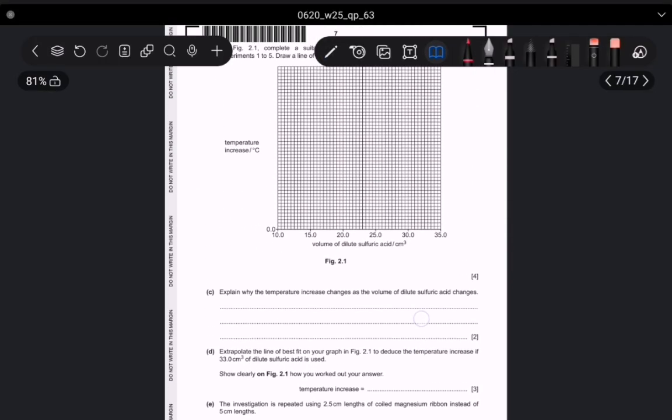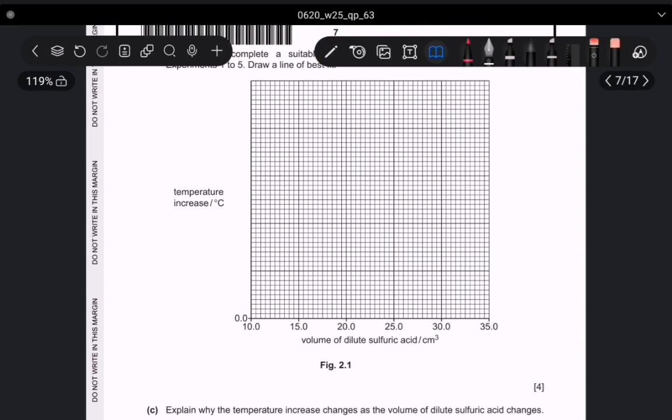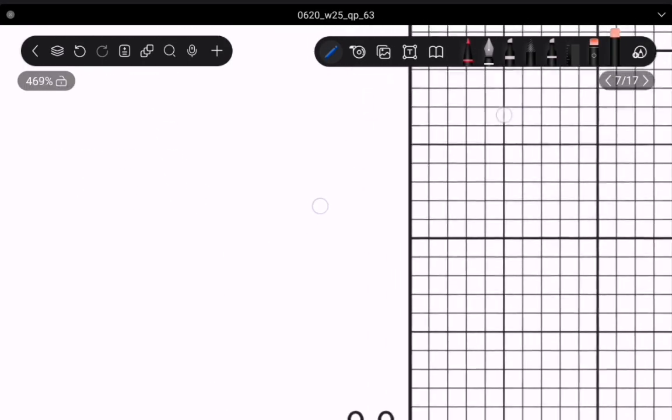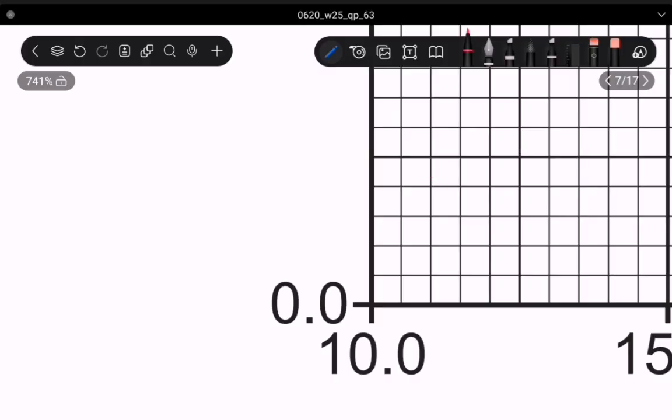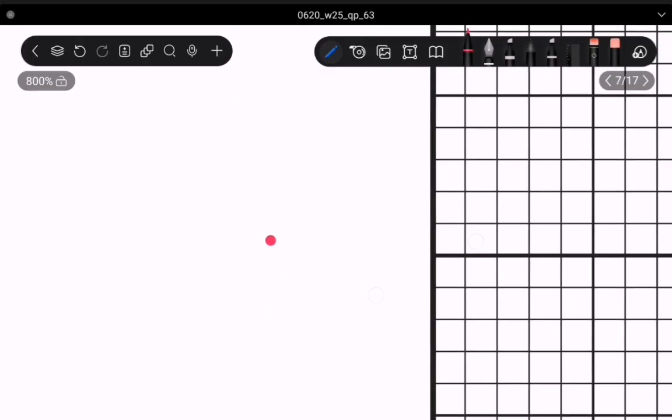Let me think about this. Okay, so I'm just gonna go up by 5 every time. So 5, since they have done to one decimal place, I'm also gonna do that. So 5.0.